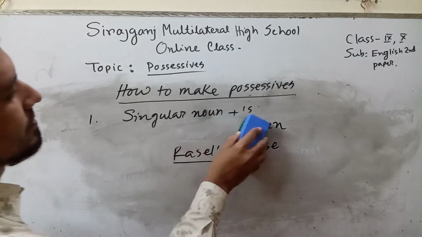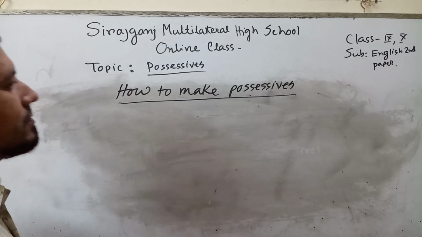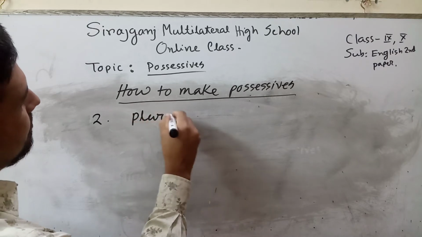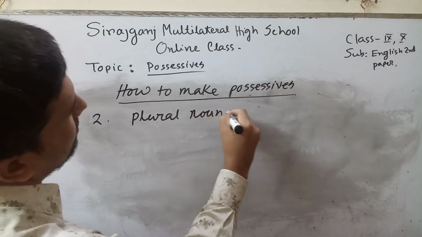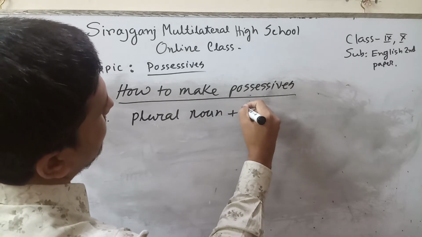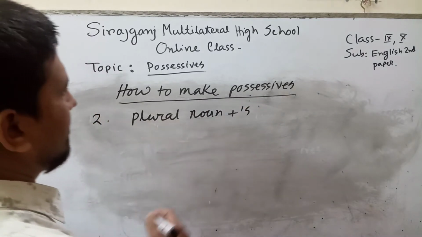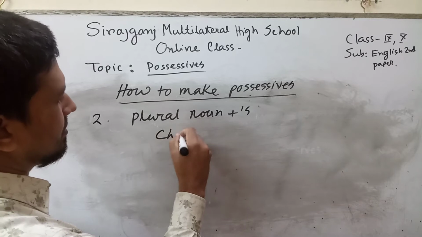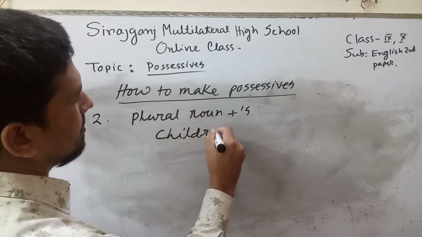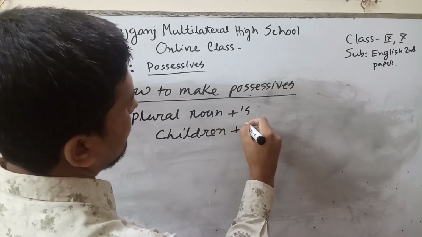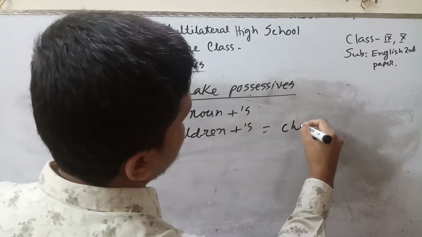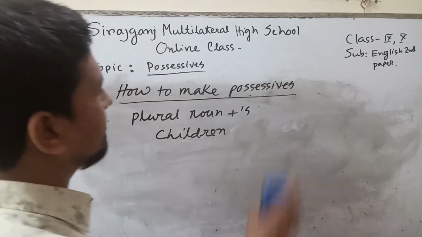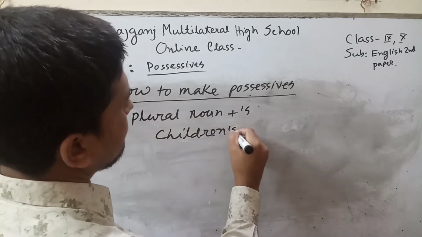Another rule, number 2: plural noun plus apostrophe s. For example, children plus apostrophe s equals children's. Children's park.